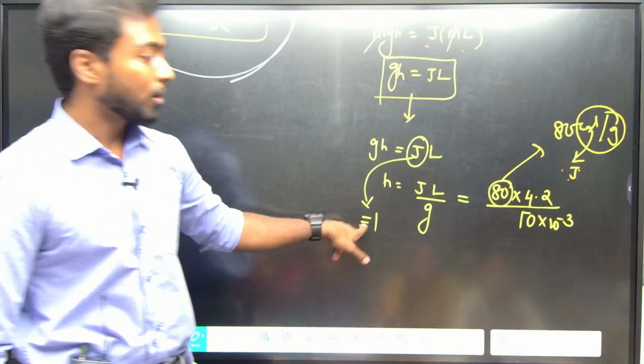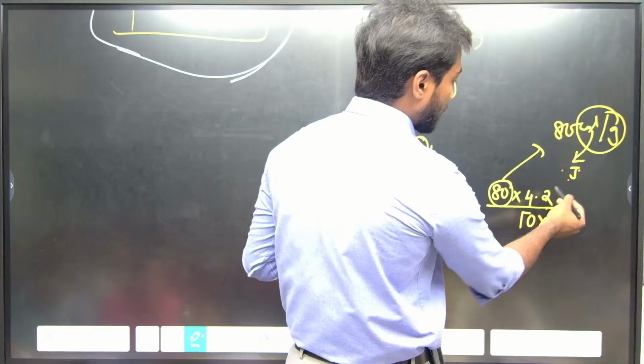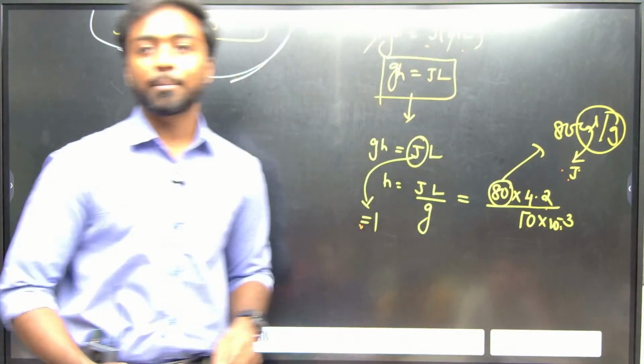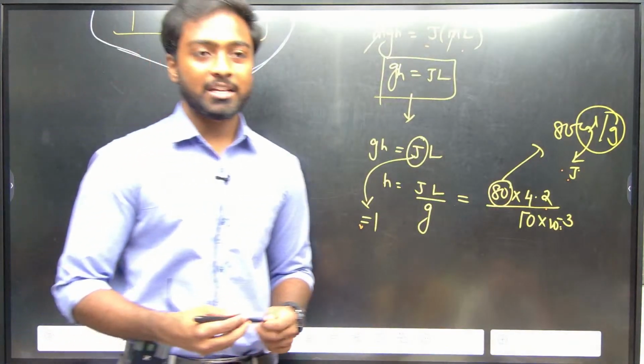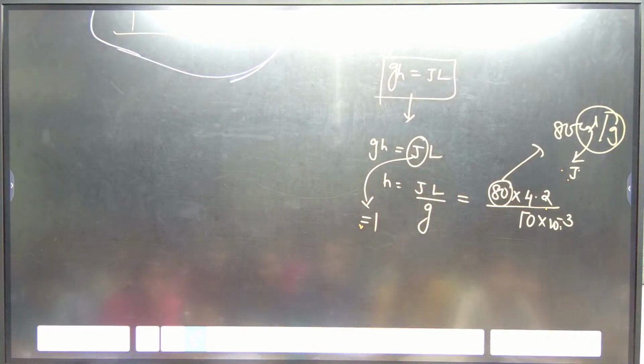If it is not, then multiply. So 4.2 into 10 power minus 3, because per gram, per kg I need to take it. Find the answer.